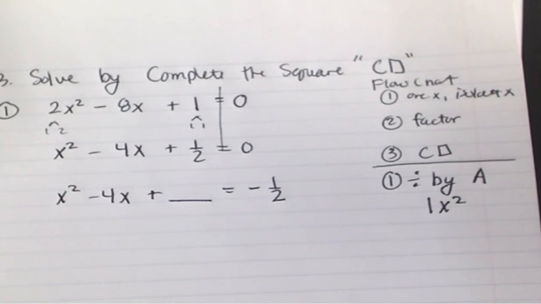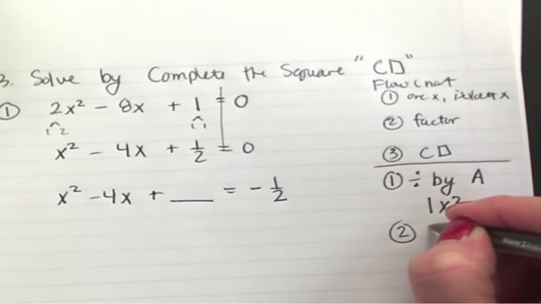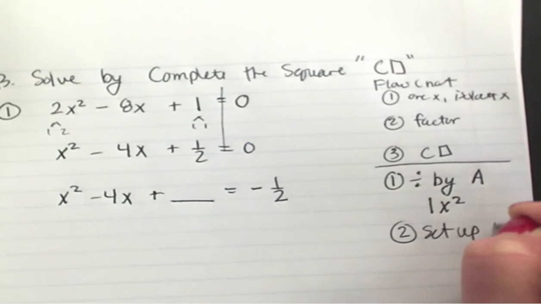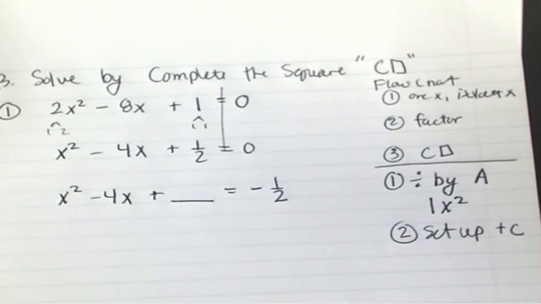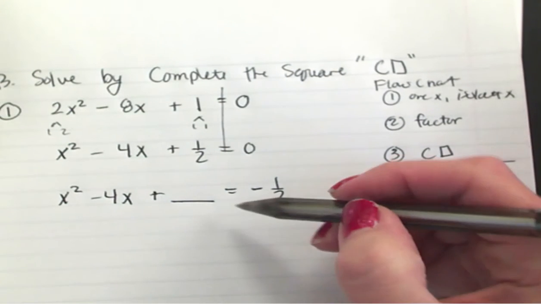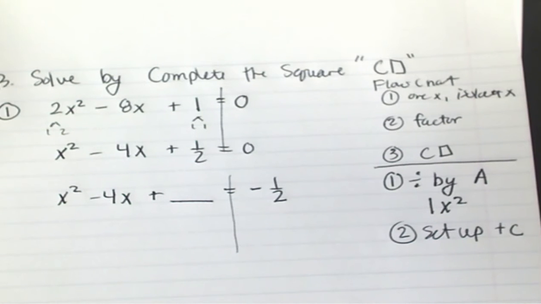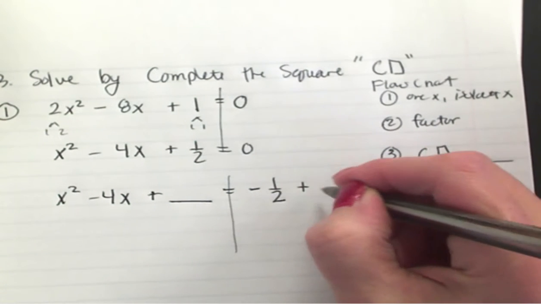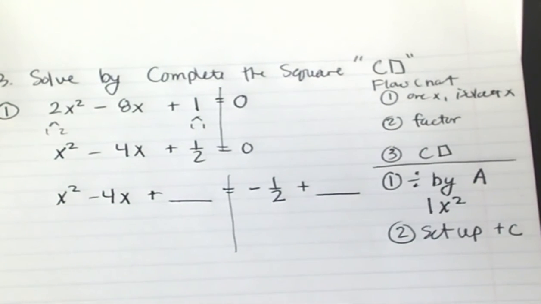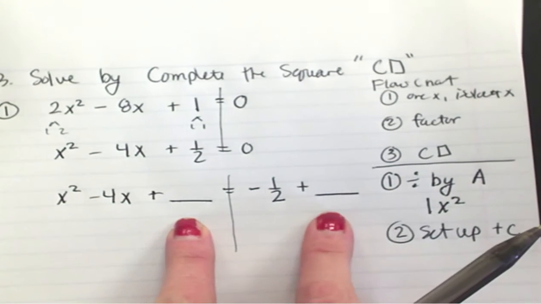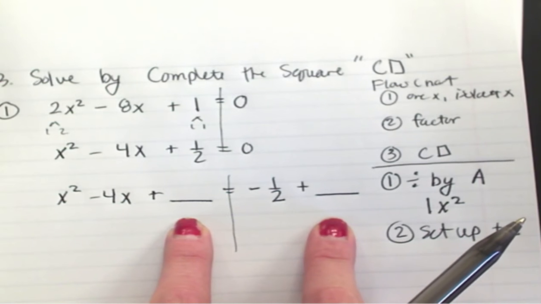We just move it over. Okay. Set up plus C. Now, I can't just add something to the left side of an equation. I need to also add it to the right side. Property of equality. If you want to add a number to the left side, you're going to need to add it to the right side.